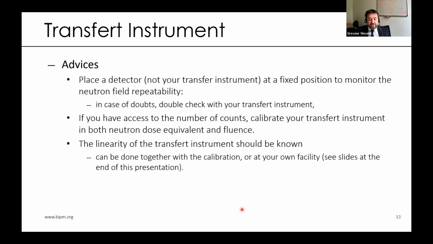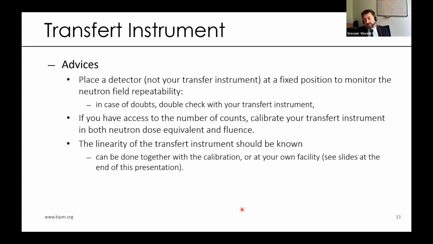You can check the variation of activity due to the decay, but sometimes there are some strange things, and it's always good to have a detector at the right and always the same place that monitors that everything is repeatable. And if you have some doubts coming from your monitor, then please double check with your transfer instrument to see if there is a problem with the source or with your monitor.